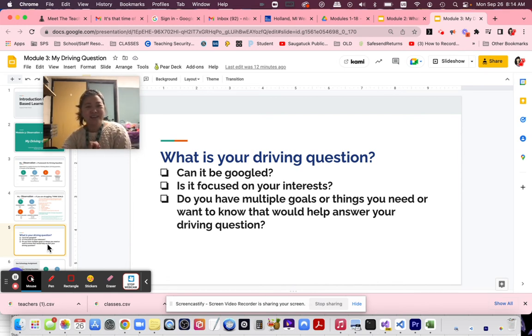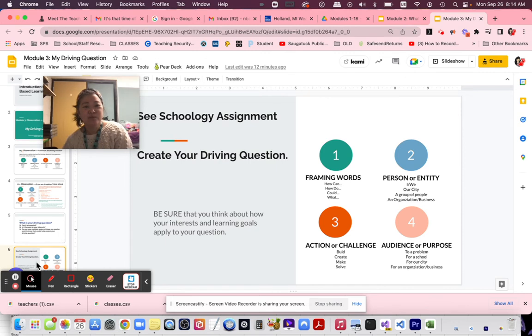But hopefully this week you're starting to actually have your driving question. Look for the assignment in Schoology, and this is going to be actually creating your driving question. So this is where we actually write down our driving question.